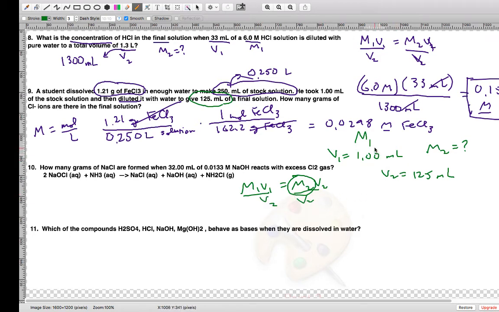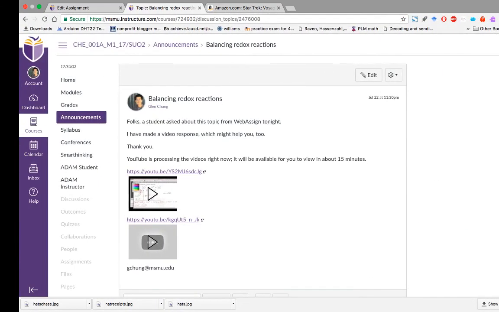So plugging stuff in now. M1 was this, 0.0298 molar. V1 was this, 1 milliliter. V2 was this, 125 milliliters. So that's going to be M2. That's 0.0298 divided by 125.